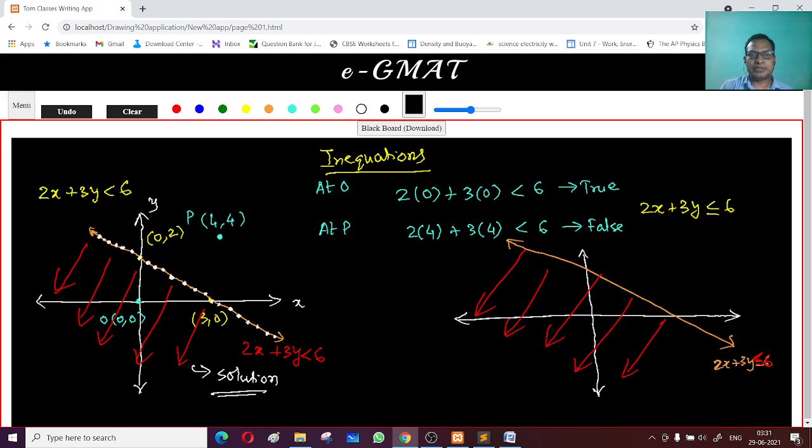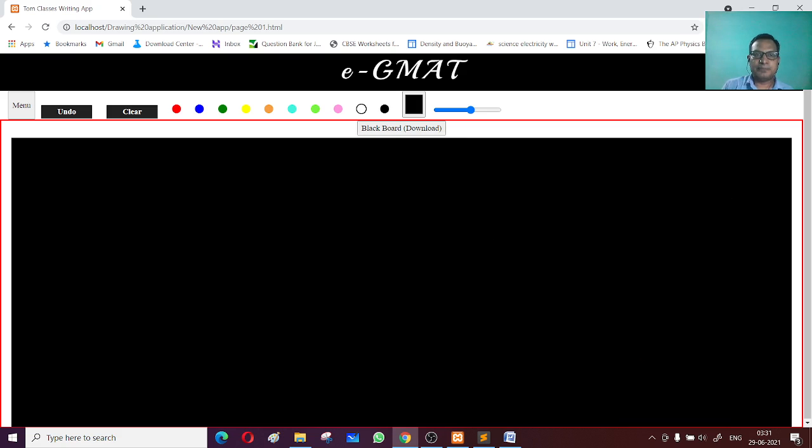Let's move further and discuss greater than. So 2x plus 3y greater than 6, if the question goes like this, and similarly what is the difference between 2x plus 3y greater than or equal to 6, right?